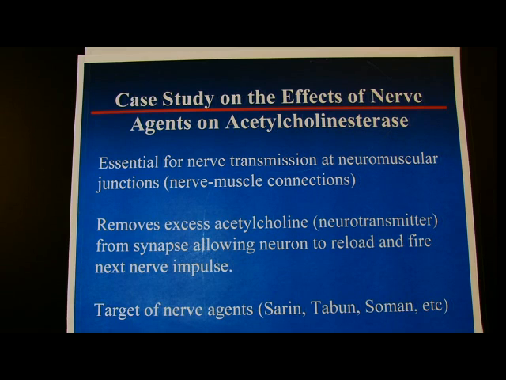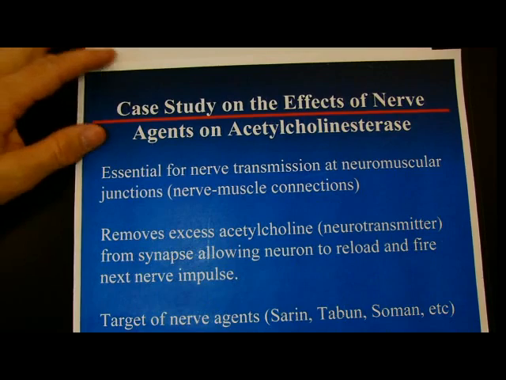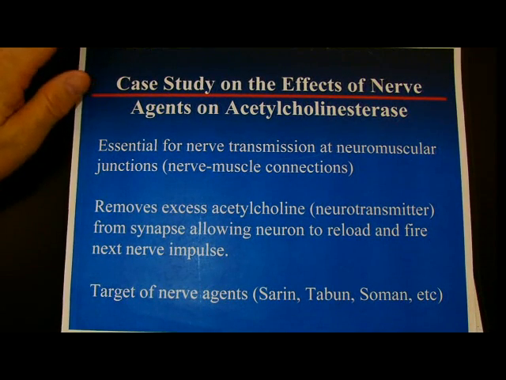So acetylcholine is what goes in the synapses, and acetylcholinesterase is an enzyme that then decomposes the acetylcholine that's in the gap in the synapse. Okay, so essentially, at the neuromuscular junction it removes excess acetylcholine from the synapse, allowing the neuron to reload and fire.